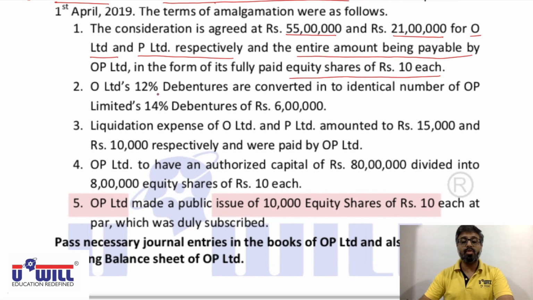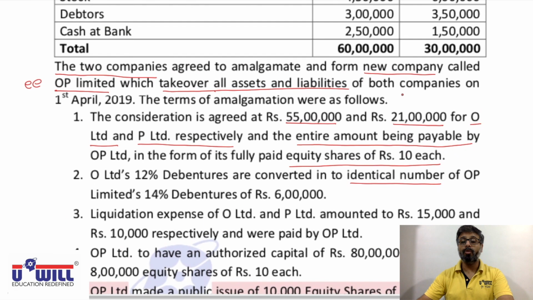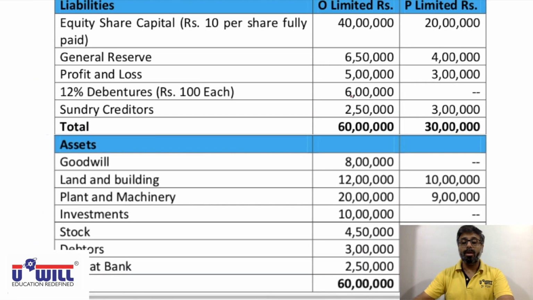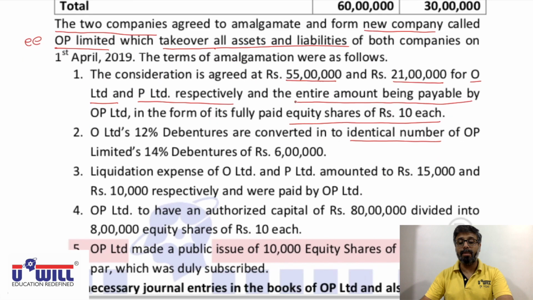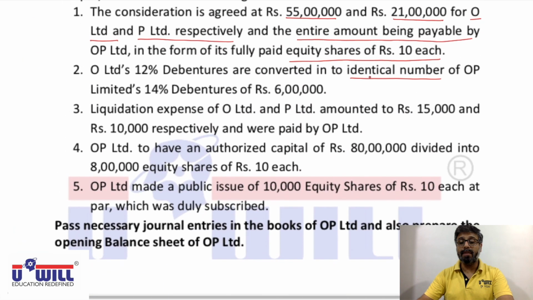O Limited's 12% debentures are converted into an identical number. What is identical number? O Limited's debentures are 6 lakhs, face value 100. So 6 lakhs divided by 100, there are 6,000 debentures. Identical number means they are converted into 6,000 debentures only.